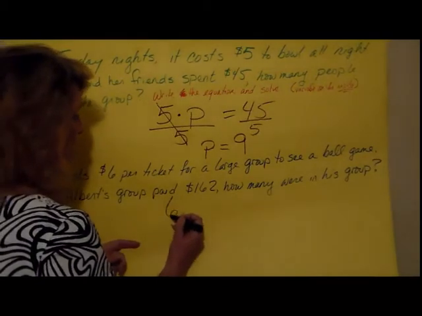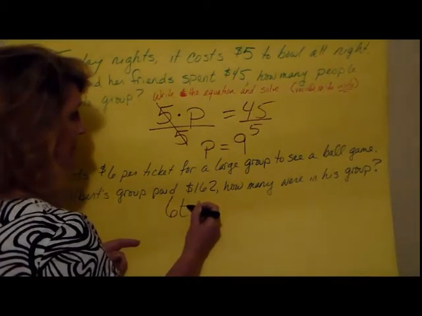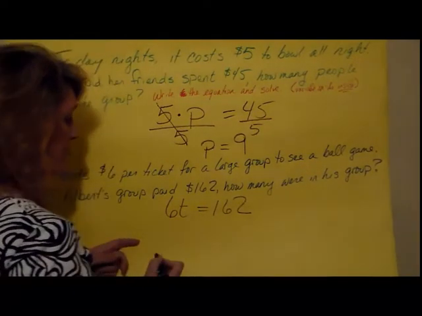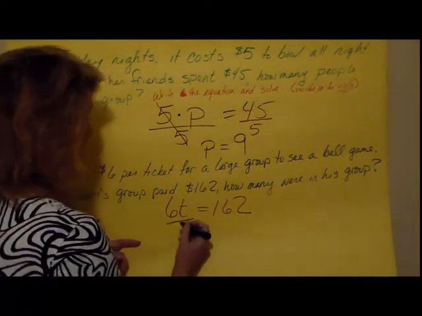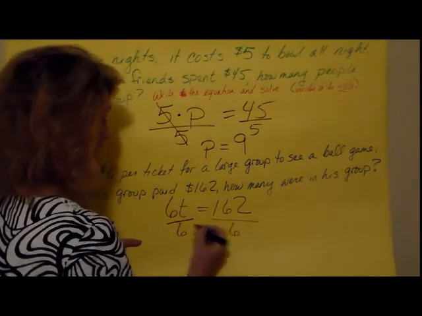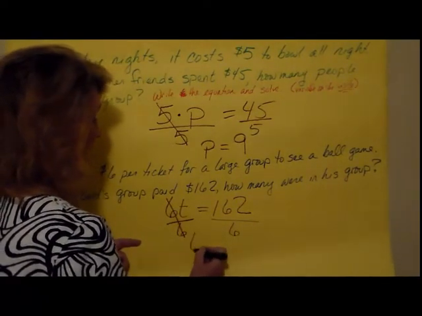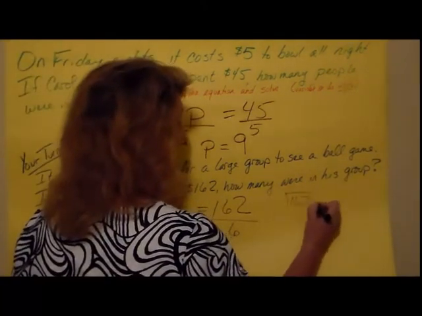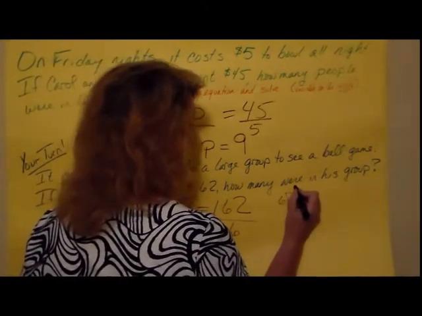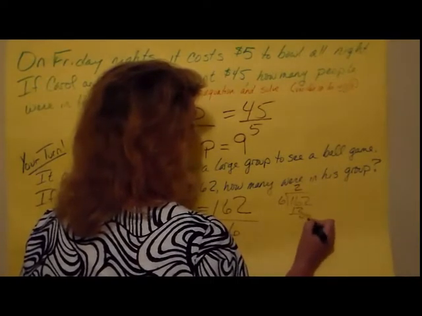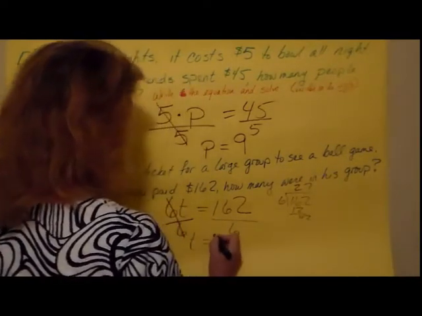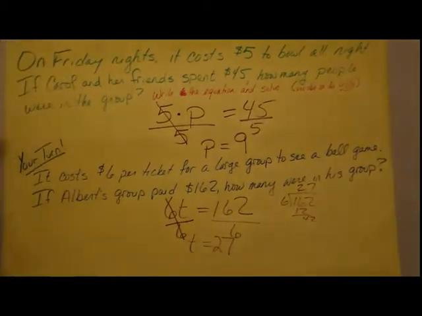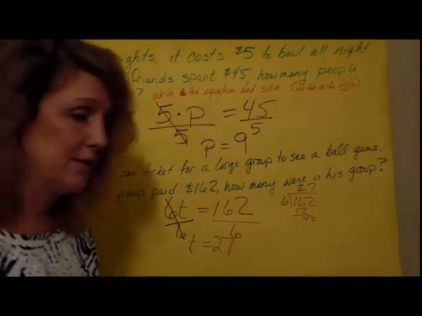So we're saying $6 per ticket equals 162 total. And I have to divide by 6 so that those go away. And t equals 27. There were 27 people in his group. Holy mackerel, Albert has a lot of friends. All right.